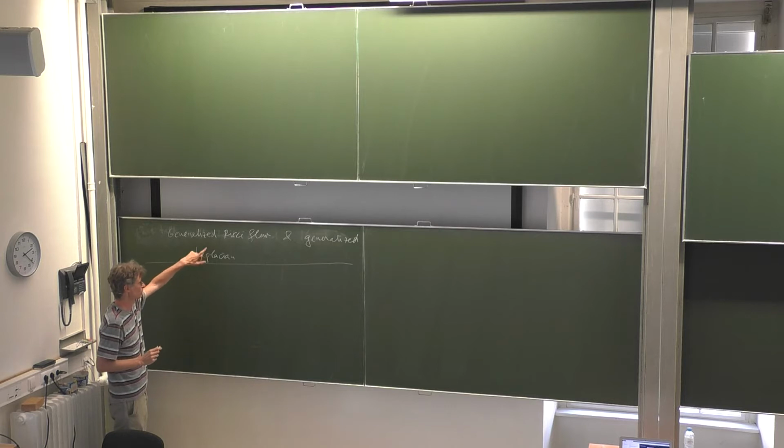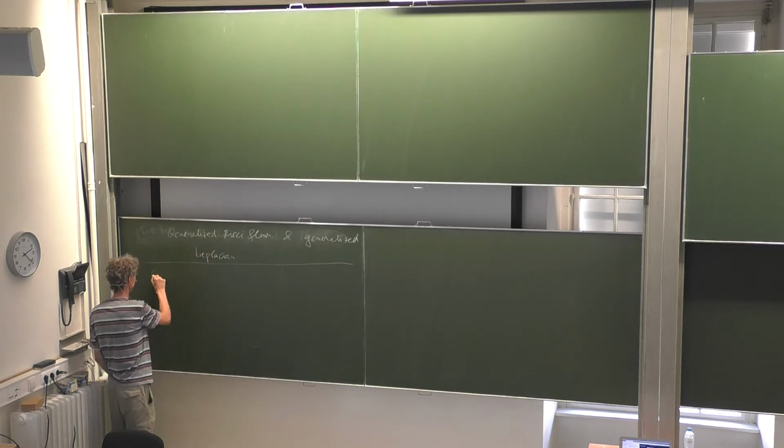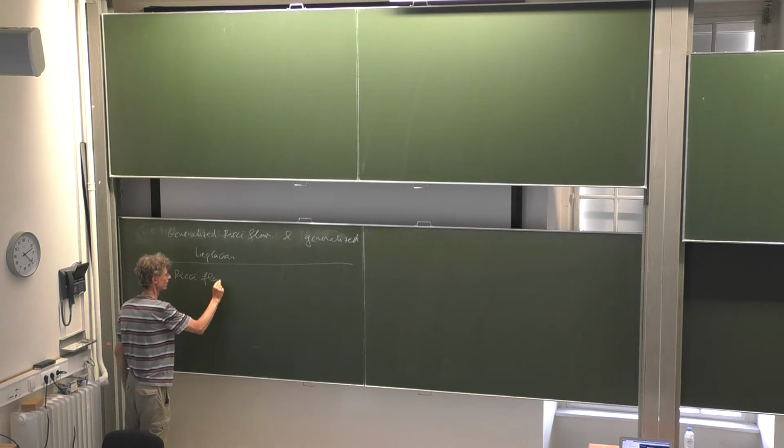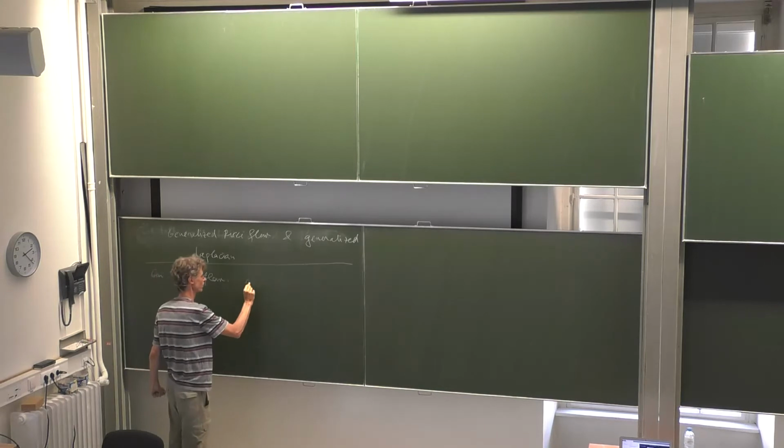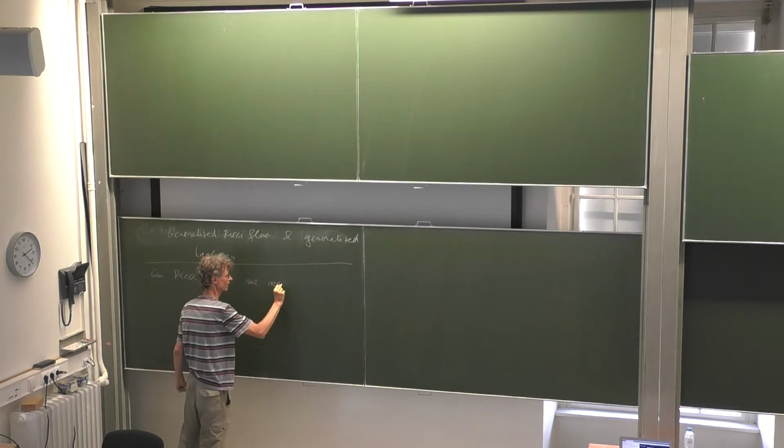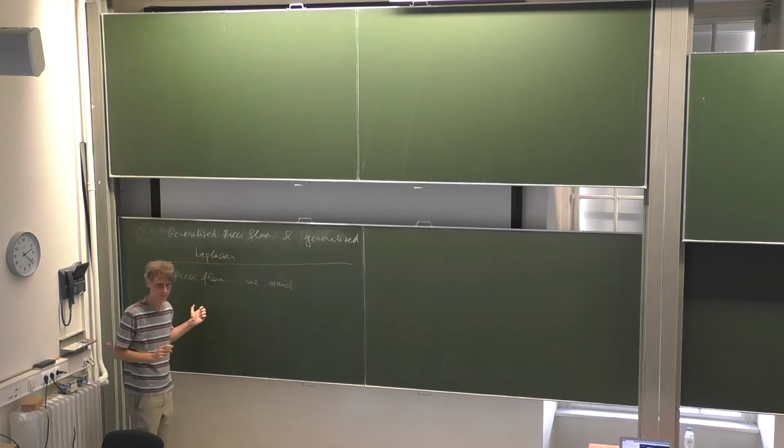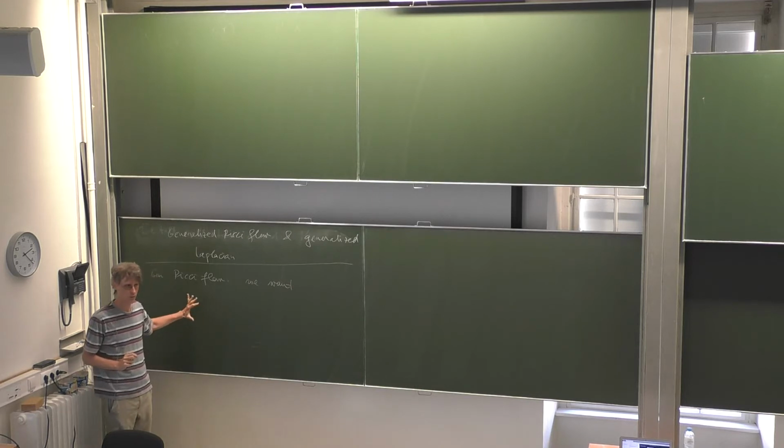So what do we want to achieve? I'll start with the first part, with this generalized Ricci flow. So imagine that we have a Courant algebroid.